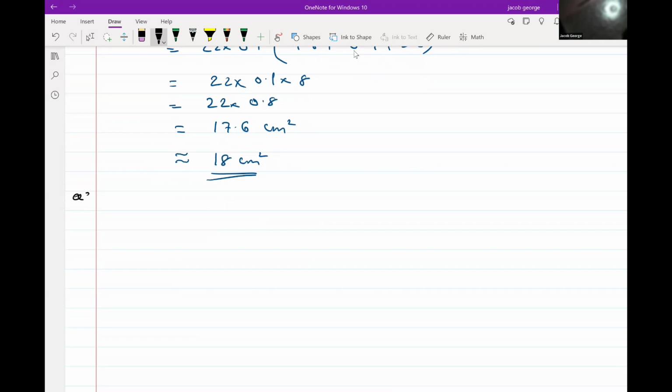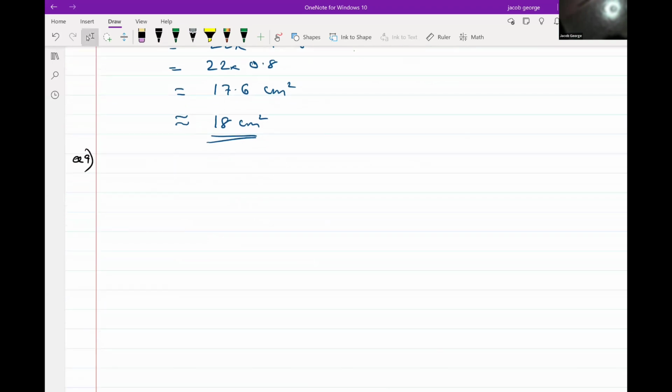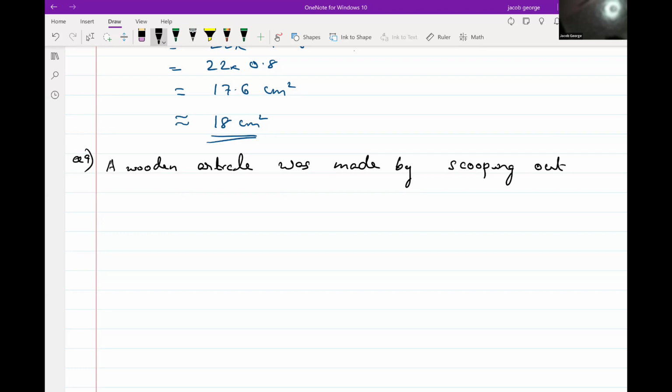Question number 9. A wooden article was made by scooping out a hemisphere from each end of a solid cylinder.